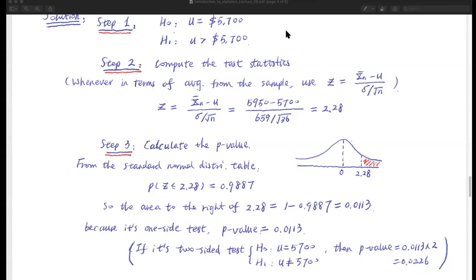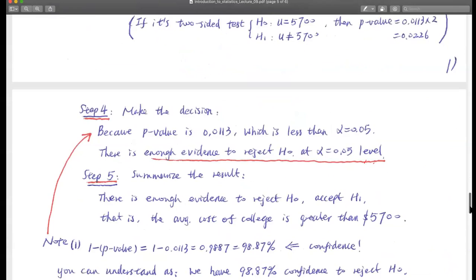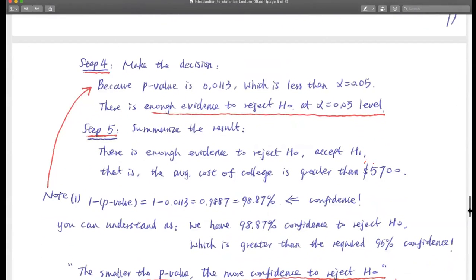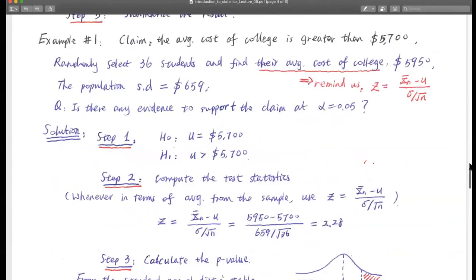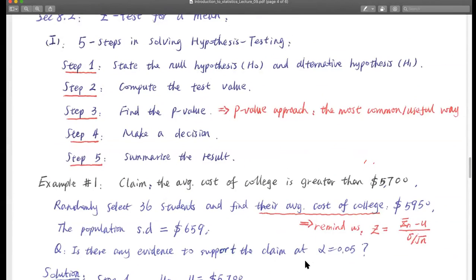Now, step number 4 is make a decision. We are going to compare the p-value we just got, 1.13%, with what, everybody? Alpha. Alpha is always given. In the beginning, we said alpha equal to 5%. What does that mean?